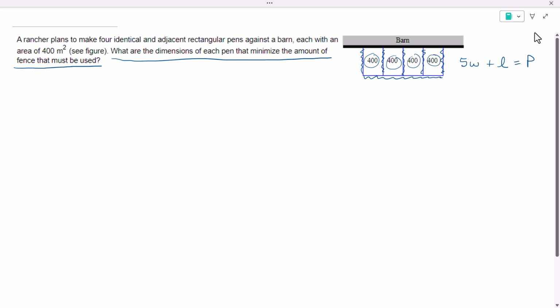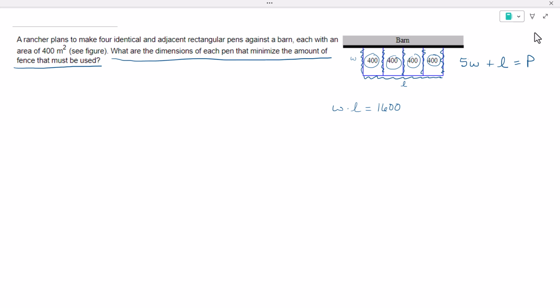So in other words, this width times this length is equal to 1,600 square meters altogether.